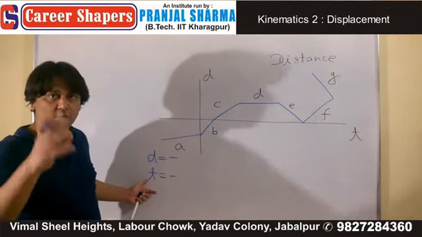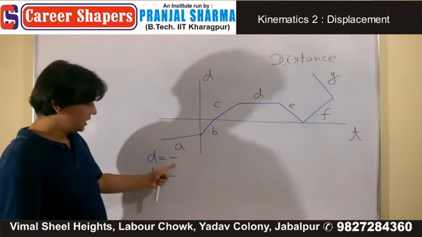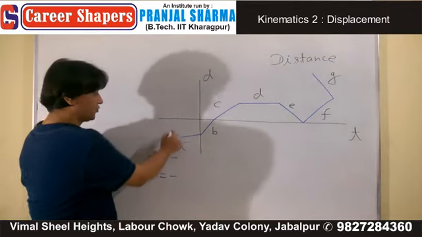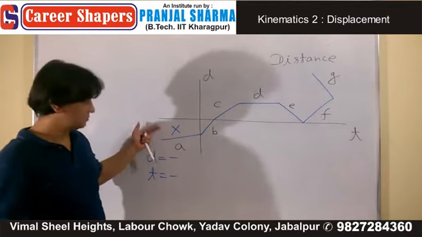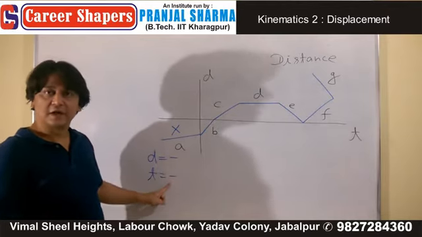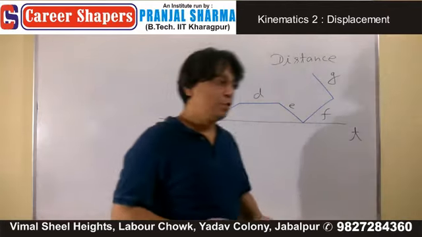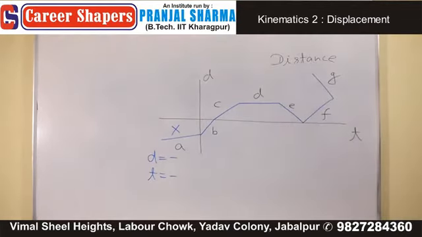Both things are not possible. D negative, T negative. And therefore, portion A of the graph is not correct, because of distance and time both being negative.